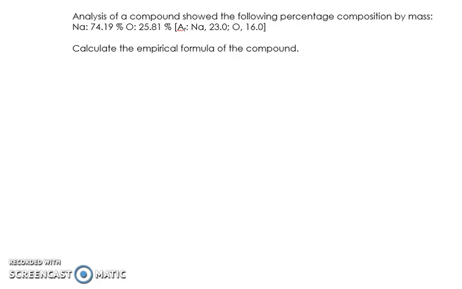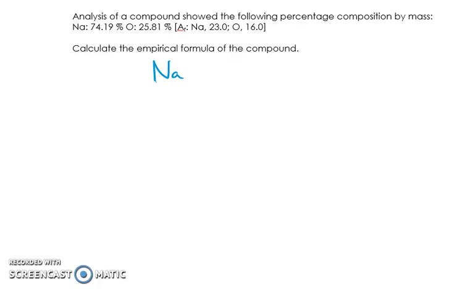We don't have any masses for our elements, but what we do have is a percentage. So we'll just pretend, for the sake of argument, that the overall masses we're working with total 100 grams. And that means that we can say we have 74.19 grams of sodium and 25.81 grams of oxygen. And from there, we calculate the empirical formula exactly as we did above.